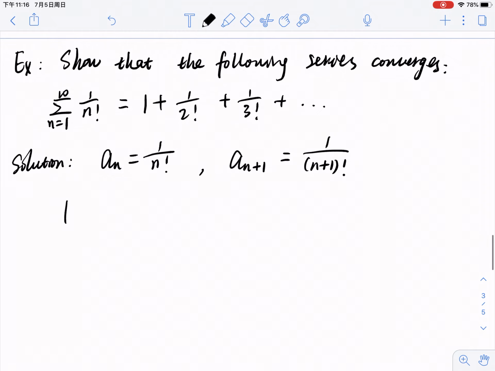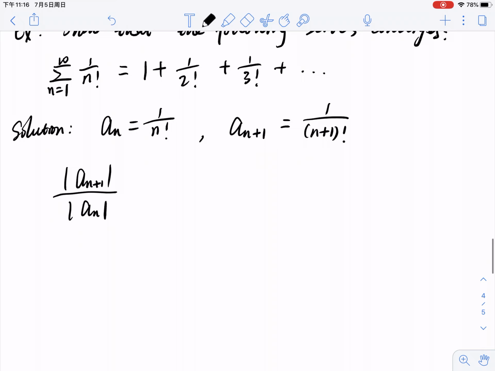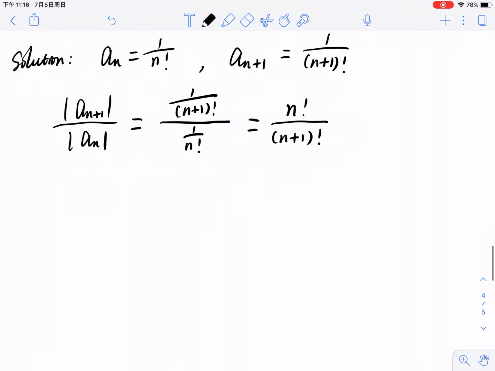Then the absolute value of the (n+1)th term over the absolute value of the nth term. So look at this ratio. This is 1 over (n plus 1) factorial divided by 1 over n factorial. Simplify, we get n factorial divided by (n plus 1) factorial.